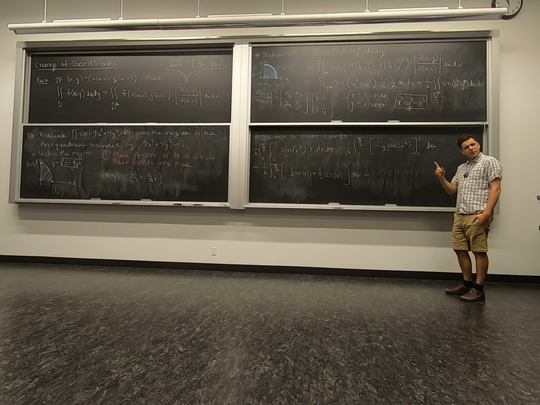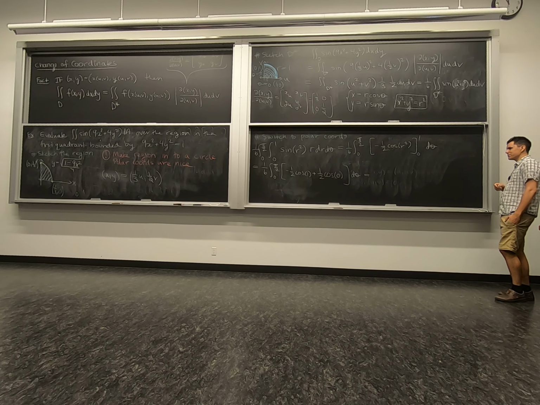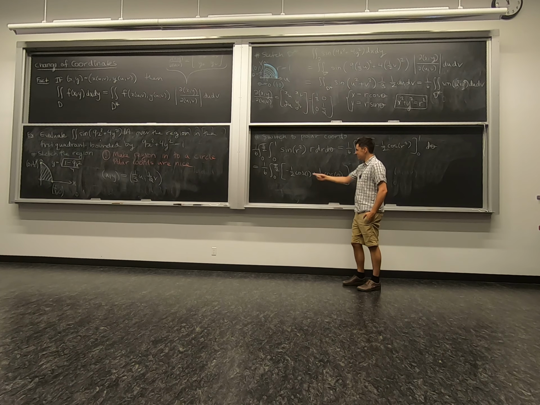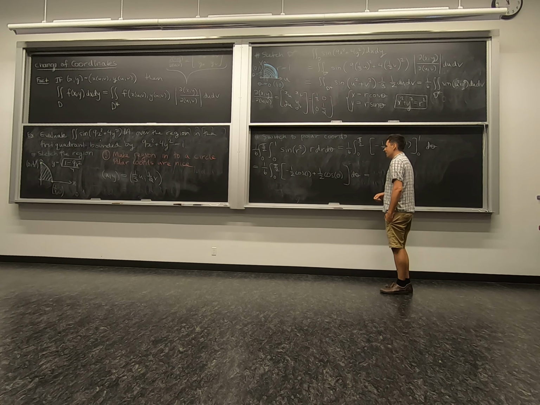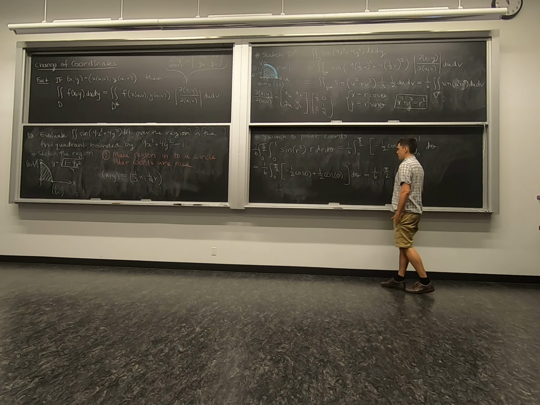Doesn't come up all that often, but cos of 1, interesting number. You'd hope that it's special, but it's just cos of 1, not cos inverse, it's cos of 1. Okay. We get a sixth, pi by 2.